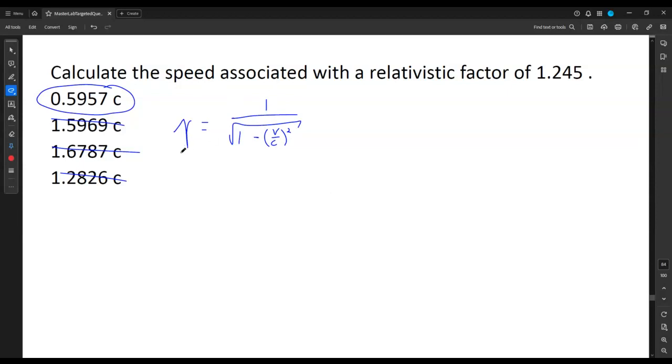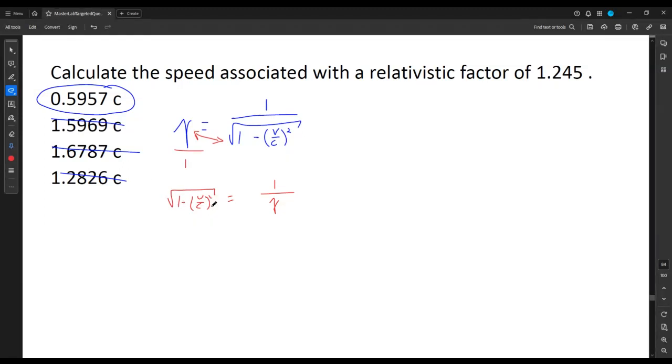So if we stick this over 1, I know it's staggered a little bit, then we could cross multiply and see what that's going to do. Or we have this rule of proportions that says we can swap our diagonal terms. The gamma on the top left and this big square root on the bottom right can be switched. And so if we do that, we get that the square root of 1 minus v over c squared is equal to 1 over gamma.